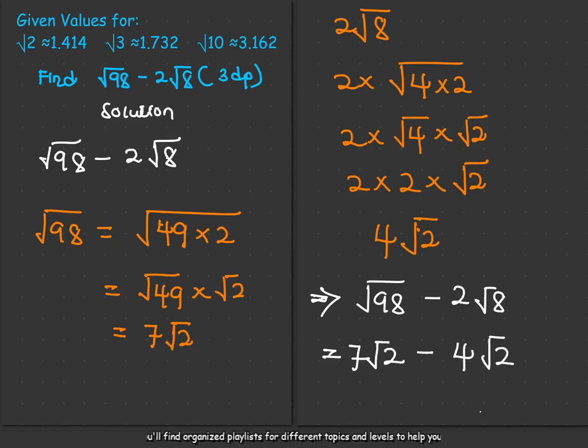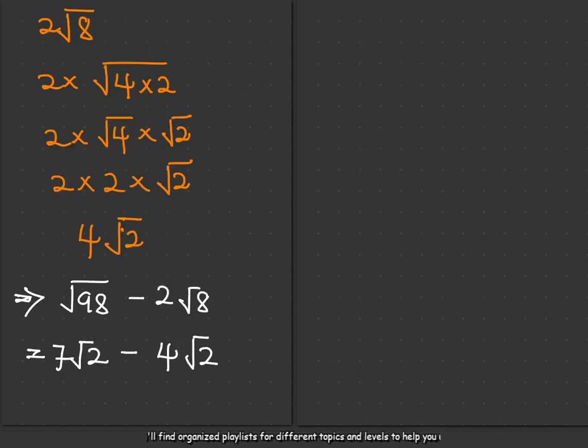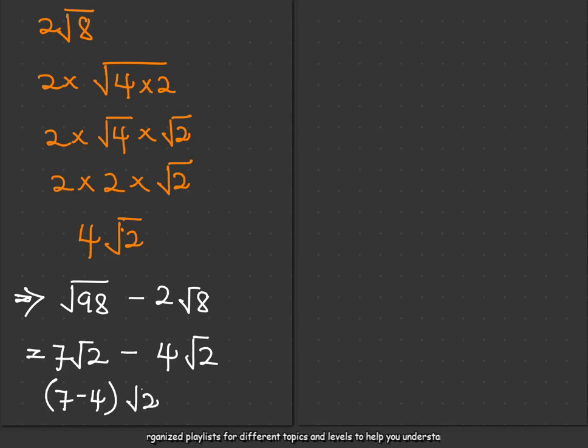Very, very simple. After which, since the surds are the same, we can now evaluate the coefficients. So that becomes 7 minus 4 root 2. 7 minus 4 gives us a 3. So we have 3 root 2.